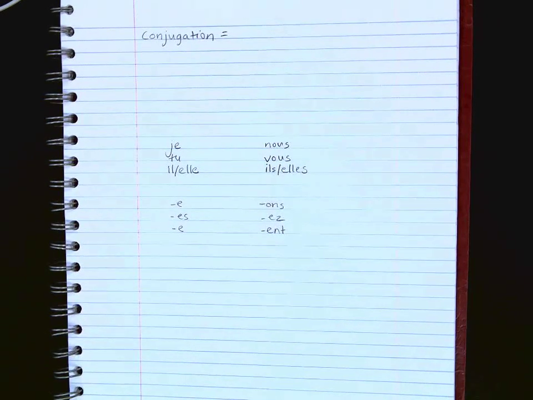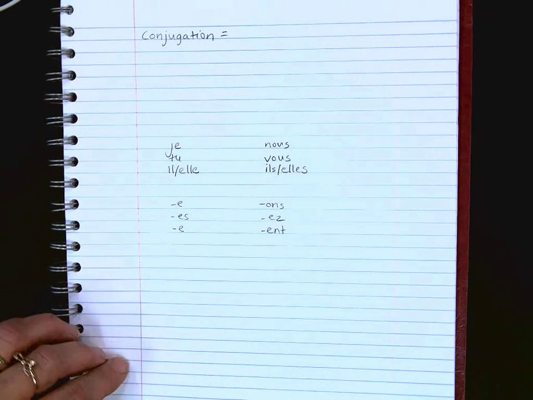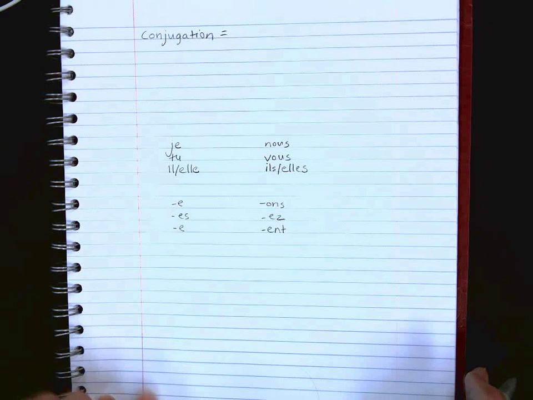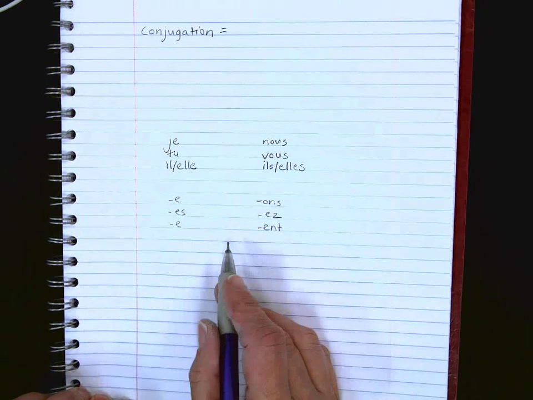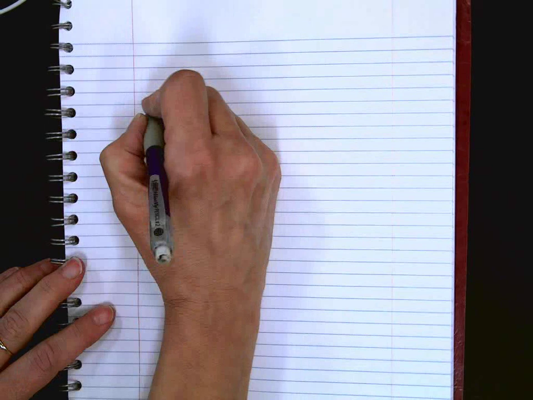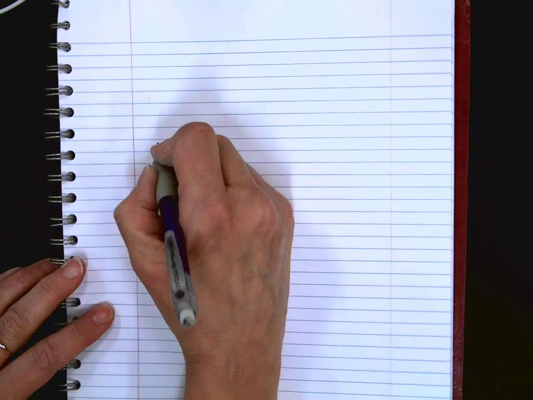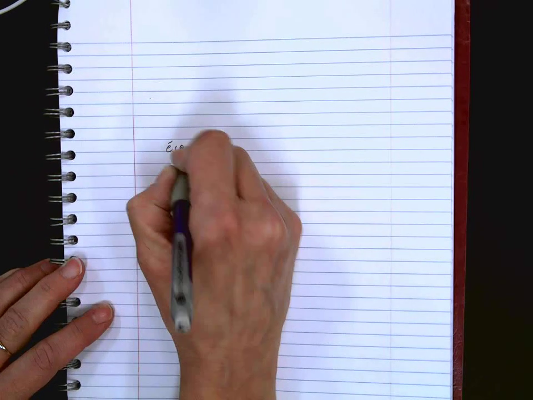So could you give me one of those ER verbs that you would like for me to use to demonstrate? Écouter. Okay, I'm going to just turn the page now. Does everybody have this? Okay, so we're going to try it with écouter, but I don't want to start with that one because it starts with a vowel. But I'm writing it down so I won't forget.